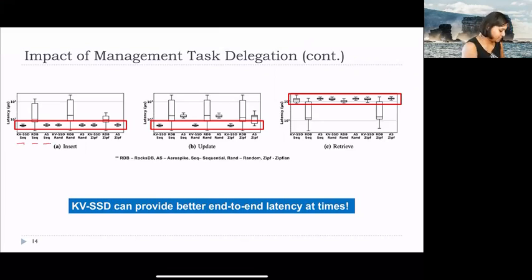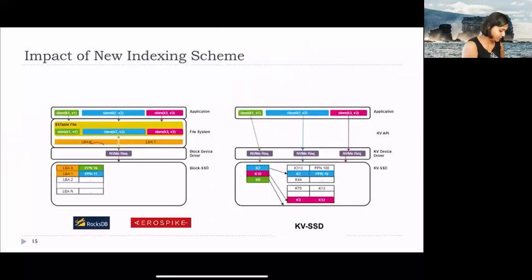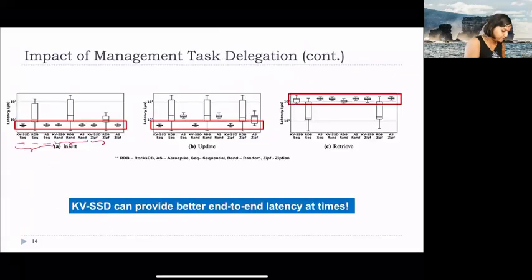And then we have a comparison of different operations such as sequential IO, random IO, and also a specific distribution of IO such as Zipfian distribution. And in this graph for different operations, we see that when we compare end-to-end latencies, KVSSD is doing a really good job for insert and update operations, where the latency, which is the y-axis, the lower the better.